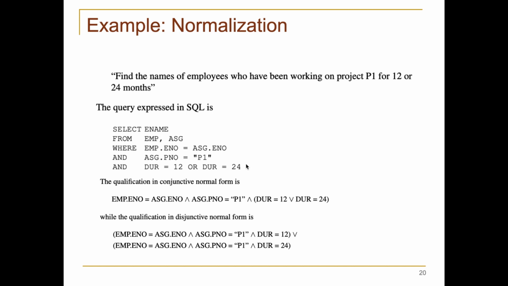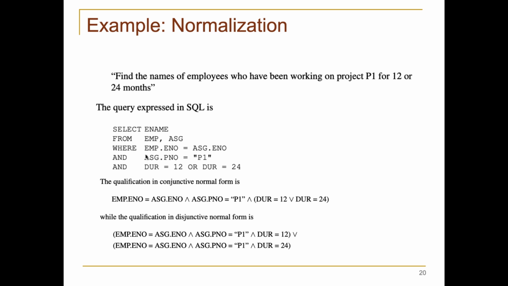So given this declarative statement or declarative query or calculus query, normalization, the first step in query decomposition, transforms this declarative query into either conjunctive normal form or disjunctive normal form. So to transform this query into conjunctive normal form, we take the different attributes that are subject for comparison in our simple predicates or mini-term predicates.